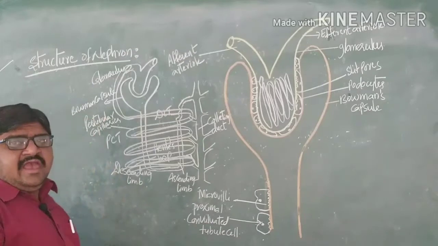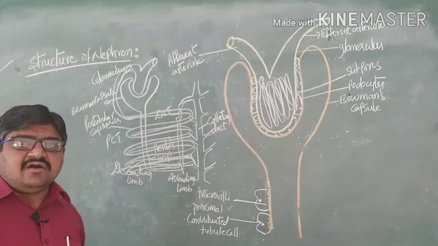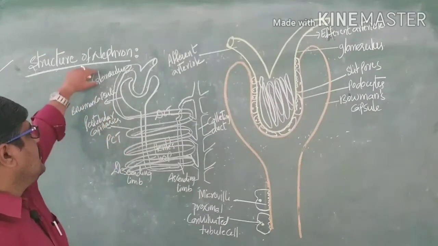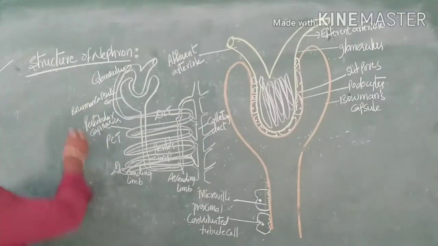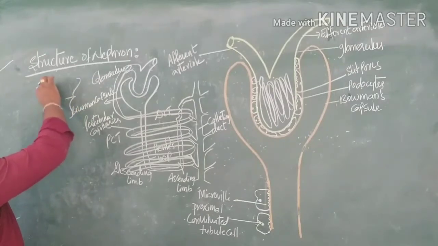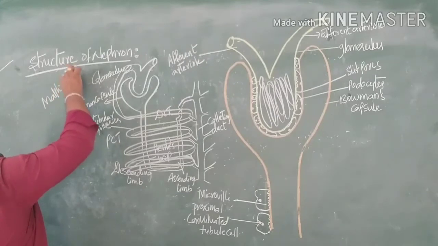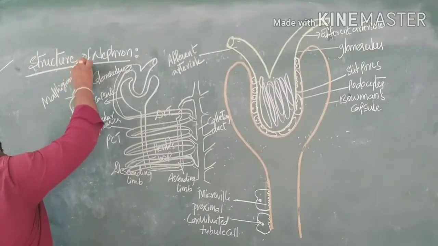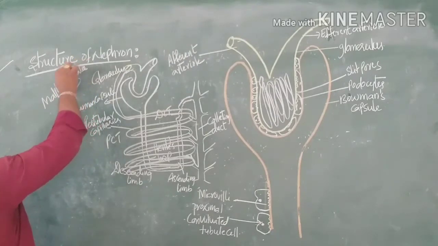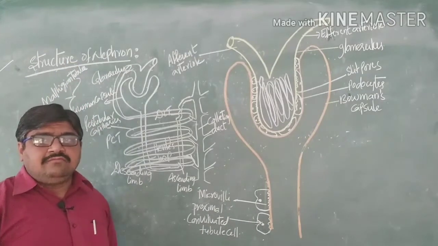So these are the different regions present in the nephron. The glomerulus and the Bowman's capsule together we can call the Malpighian tubule. So what is the Malpighian tubule?